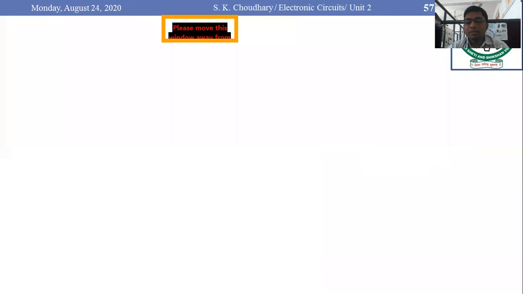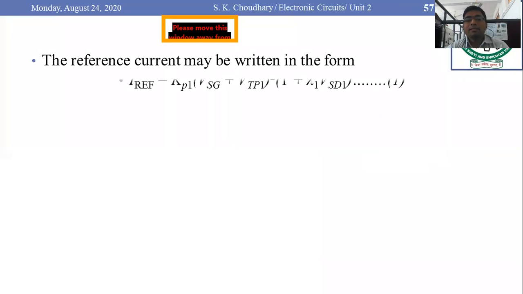After this assumption, the reference current I reference could be defined as Kp1, the conductance parameter of M1, which is a PMOS transistor, into Vsg plus Vtp1 whole square into 1 plus lambda 1 Vsd1. That is equation number 1. Here you have to see that Vsg is not identified by transistor because it is common for M1 and M2.